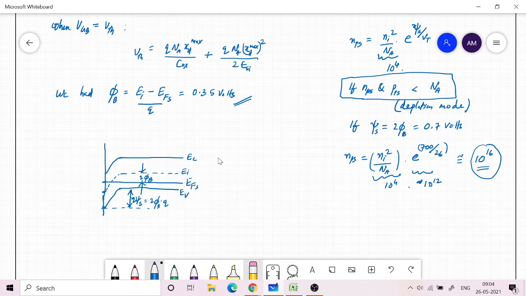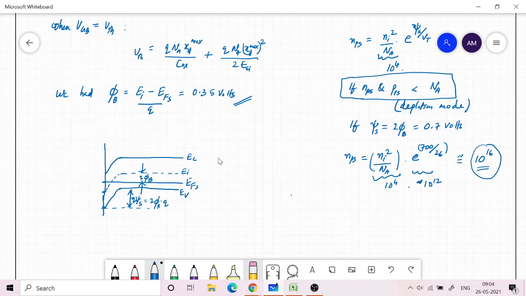Earlier, those negative charges were contributed by the immobile acceptor impurity atoms. But right now, once this condition is reached, you can have those charges from the electrons which are going to be accumulated here, or which are going to be created by this layer near the interface. So you don't need to extend.